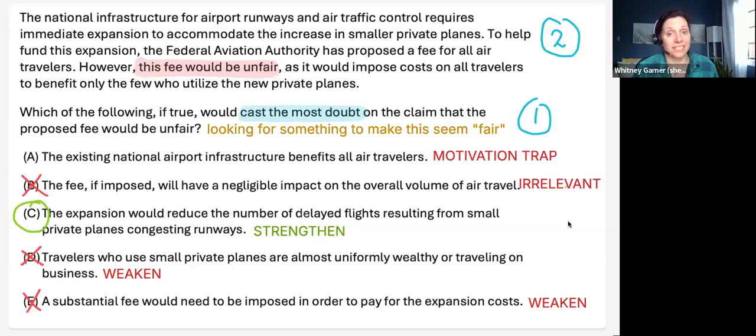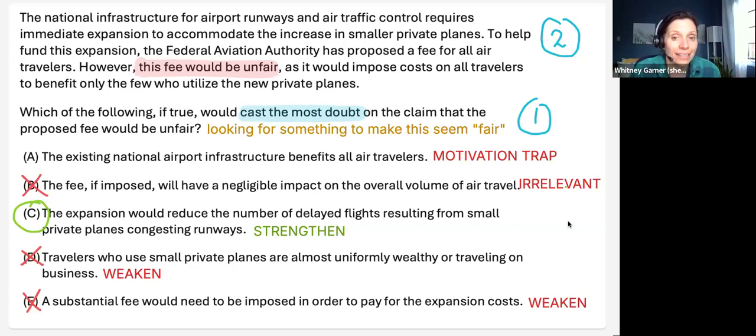And that's the only part that we're meant to be assessing. Similarly, if it was asking, is the fee going to work? My job is not to decide if we should institute a fee or not. My point is to answer the very narrow question, is the fee fair or is it unfair? Or in some other cases, is the plan going to work or will it not? I don't care whether having a plan is the right idea. I just care about the specific results they ask for.